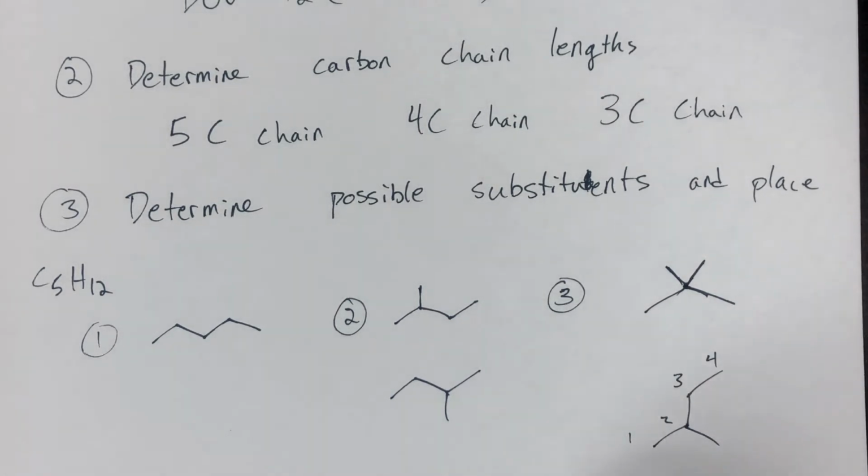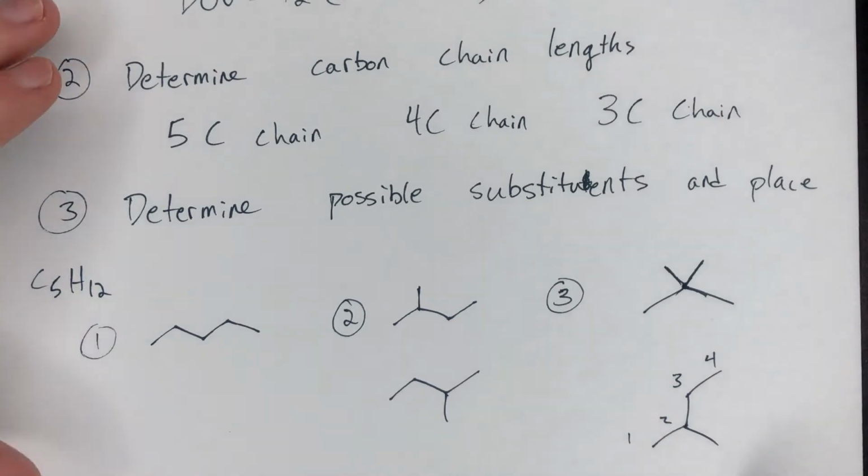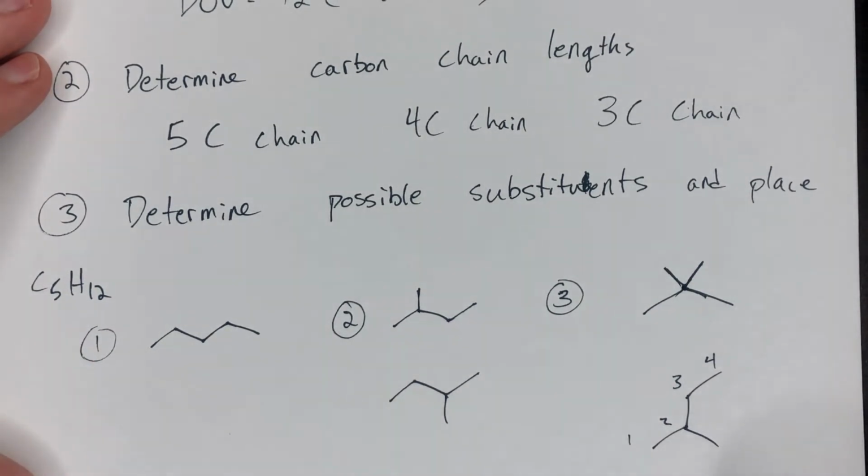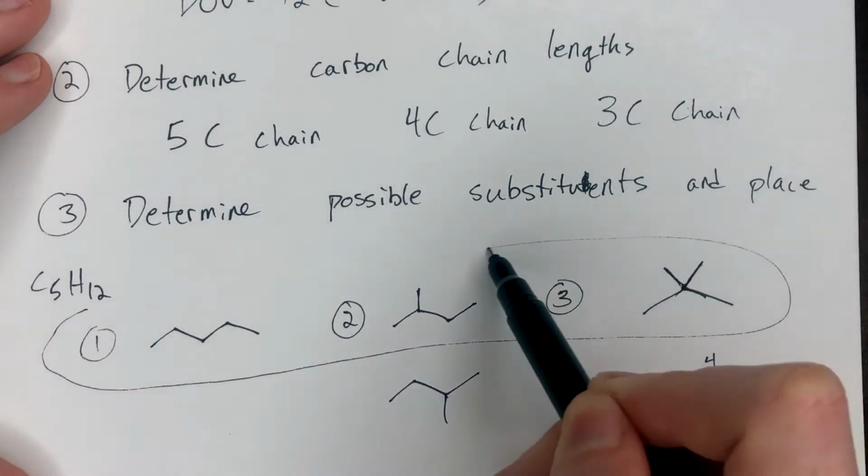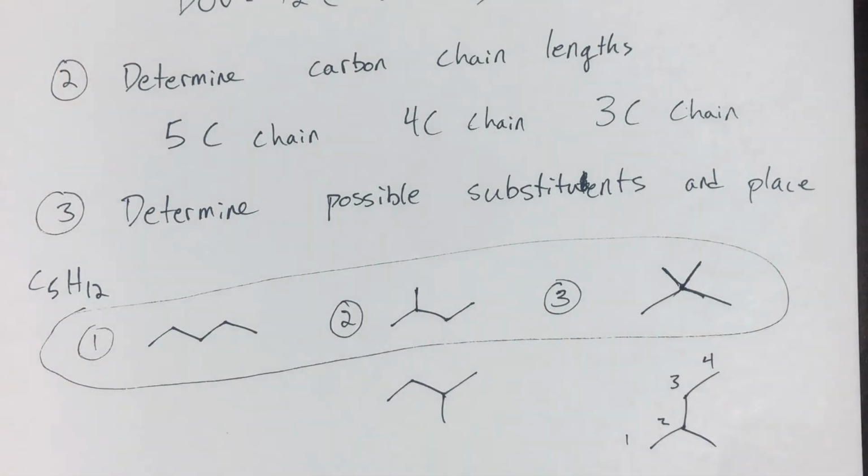This is just another way of drawing 2-methylbutane, which is the same as number 2. So the takeaway is you can do this as many times as you want. You're going to find that these 3 are the only 3 distinct structural isomers for a fully saturated hydrocarbon with a molecular formula of C5H12.